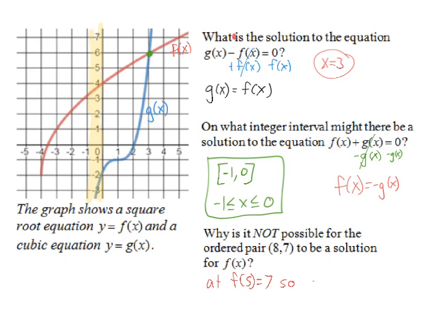So how could f of 8 equal 7, if f of x is a square root function? Because of how square root functions operate, it would not be possible to have an output of 7 twice. Because at 5 you already have 7, so at 8 you can't have 7. That's what 8, 7 means. It means f of 8 equals 7.